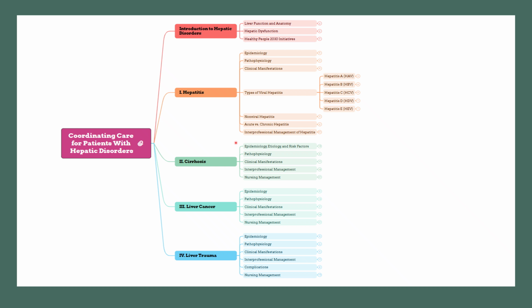Each disorder has the same structure, so it's like having a concept map for all of them. I will have some pictures and my notes, and you can show the screen and keep it for later to review. I hope you like this video.